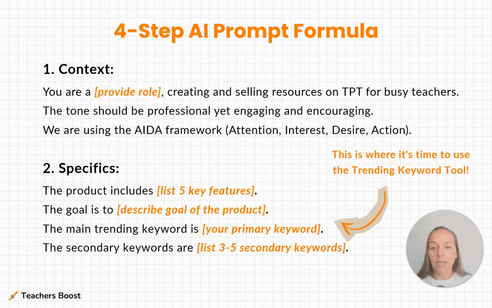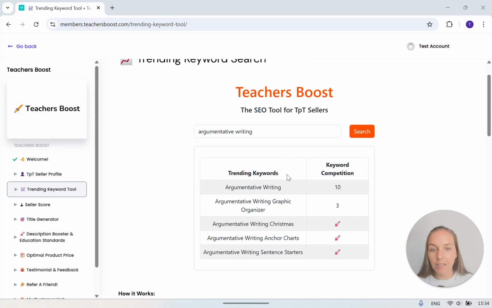And then it's time to add in your SEO keywords. This is the part where you would use your trending keyword tool. So we need the main trending keyword, which is the keyword that you want to show up on in the search results, and then additional keywords, which will be your secondary keywords. Just to show what I mean by that, this top keyword here is the generic keyword.